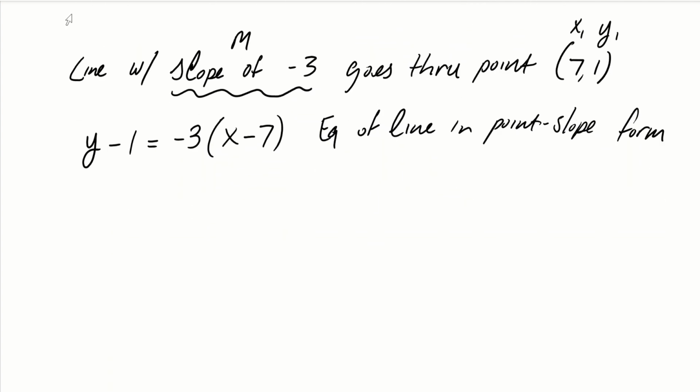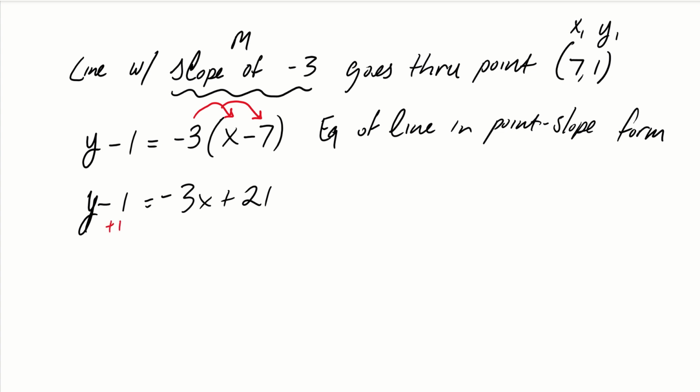Now, we can do some algebra in order to get this in slope-intercept form. So here's what I'm going to do, and this depends on what you're being asked to do. I'm going to distribute the -3, which would give me y minus 1 is equal to -3x plus 21.